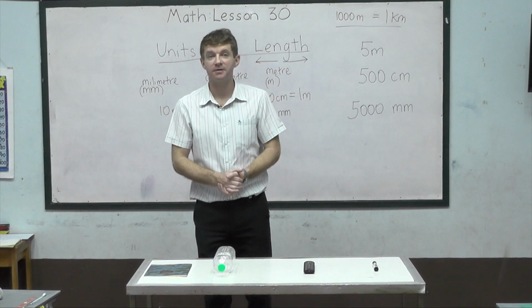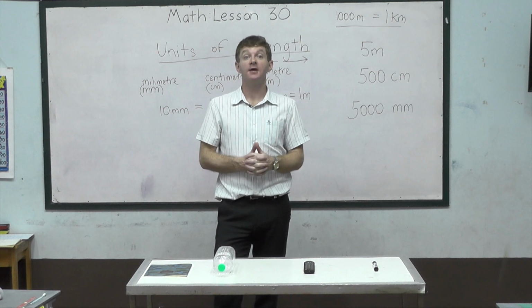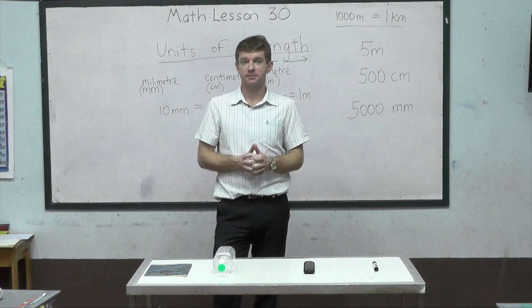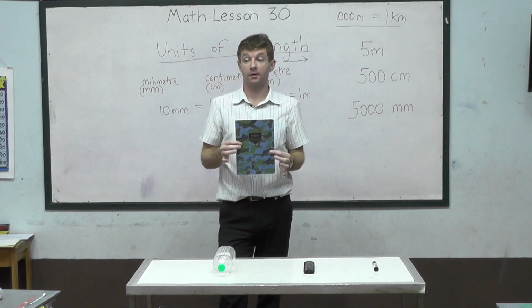Okay, so now we have an activity where we're going to ask our students if they can measure the length of various things. So the first thing Teacher Wes has is a notebook.